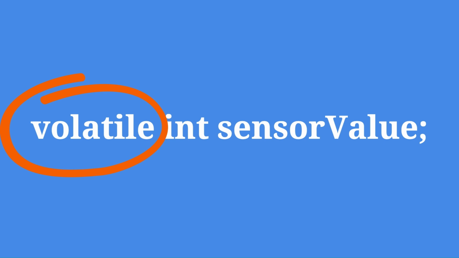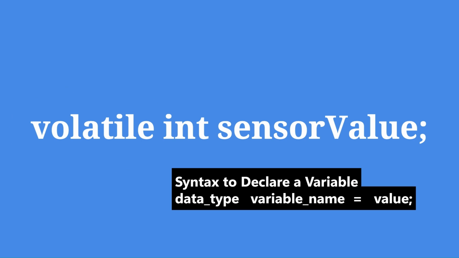Here, int sensorValue: this is an integer variable named sensorValue. It can store whole numbers like 10, minus 500, etc. And before that, we declared the keyword volatile. This is a key part of this declaration. Volatile is a type qualifier in C++.